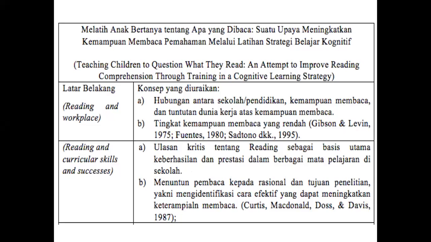Reading and achievement in school, actually. And it shows that the more able the students read, the more likely that they are going to be successful in their study. And the less able the students' reading ability, the more likely that they are going to lag behind, what they usually call underachievers.